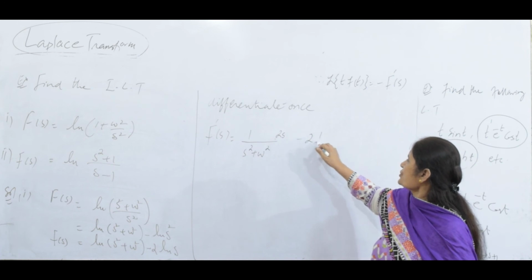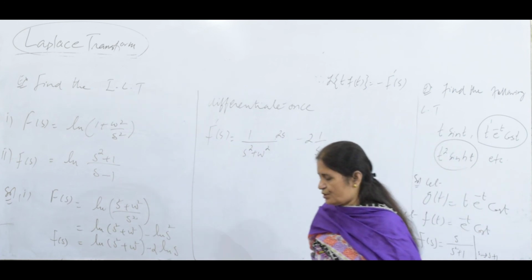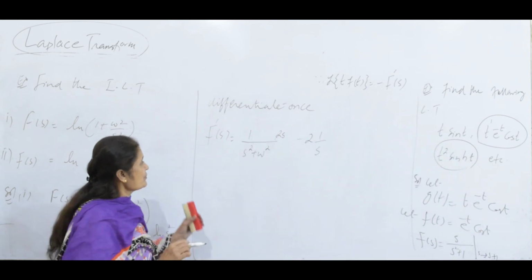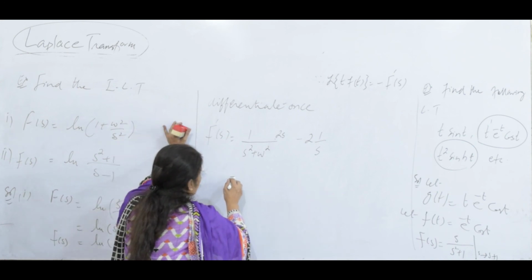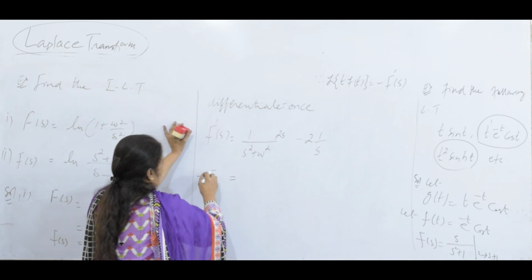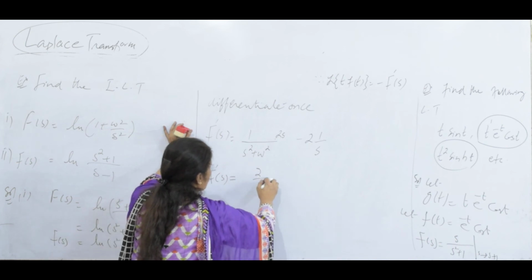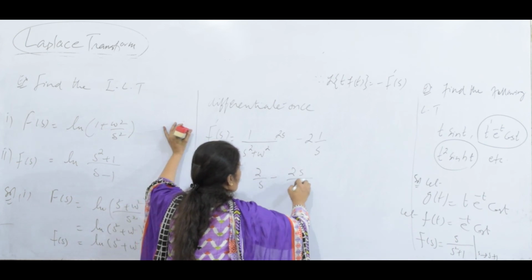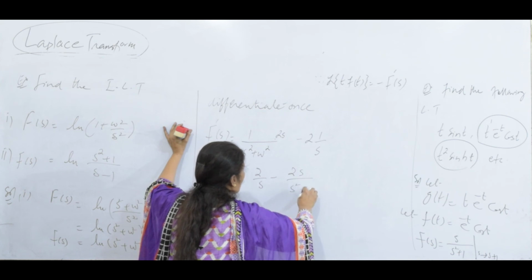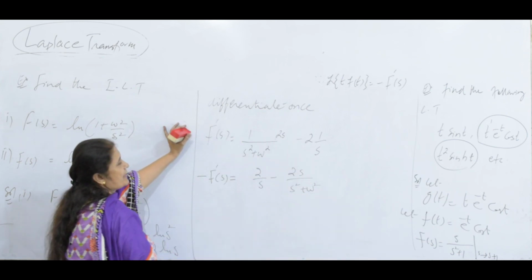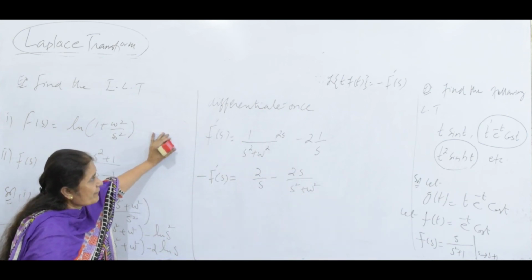Minus 2 natural log s, so the natural log derivative is 1 over s. Let me take the minus sign with it. So which is 2 by s minus 2s over s square plus omega square. I have multiplied with minus.